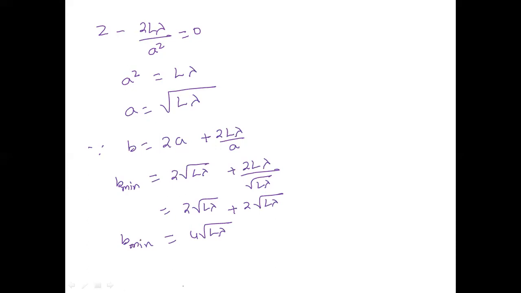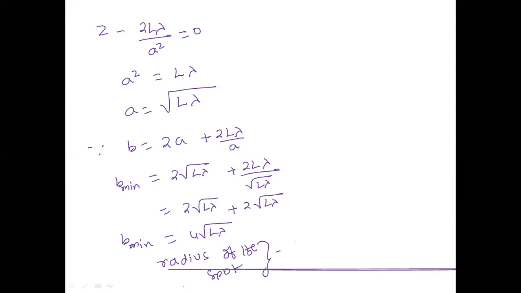The radius of the spot is B by 2. Whatever we got here is the diameter. So 4 into root L lambda by 2 is 2 times under root L lambda, or we can write under root 4 L lambda.